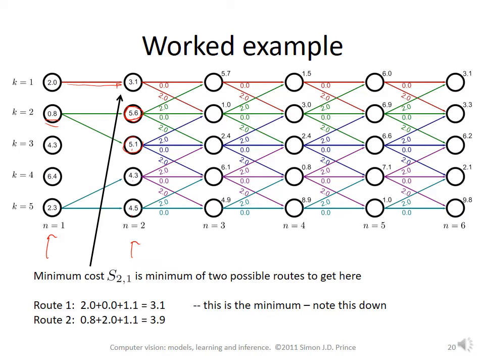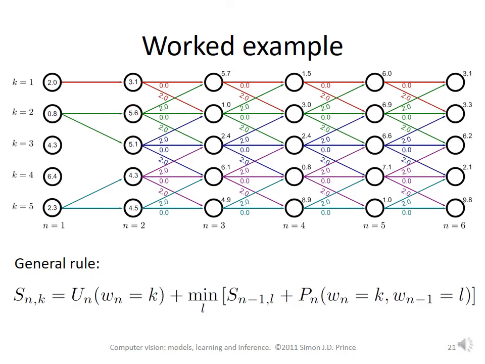And now we're going to repeat that same process going from W2 to W3. And so we have a general rule, in fact, that you're always going to be choosing to write down your pairwise cost, right?